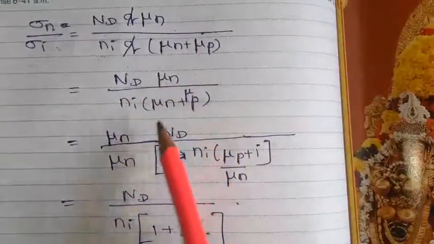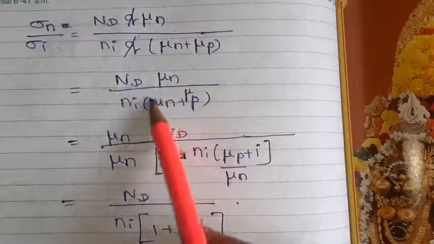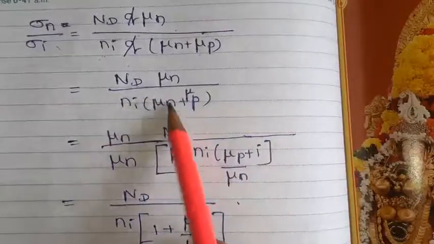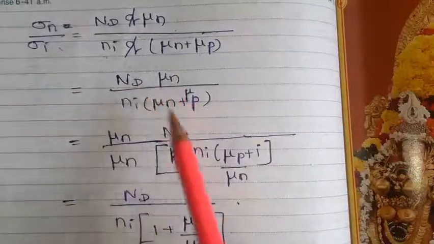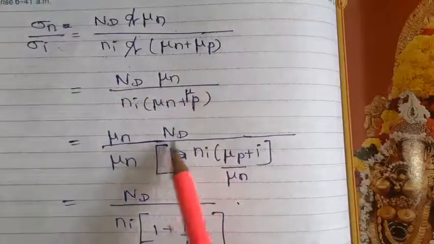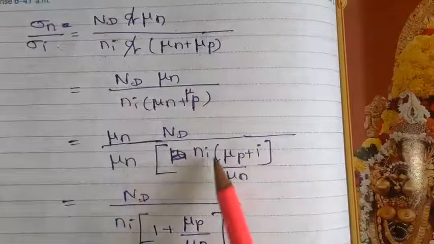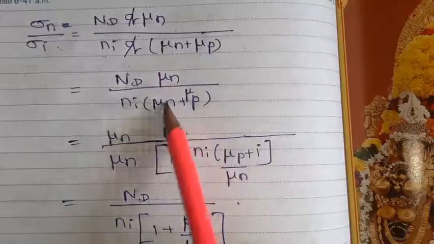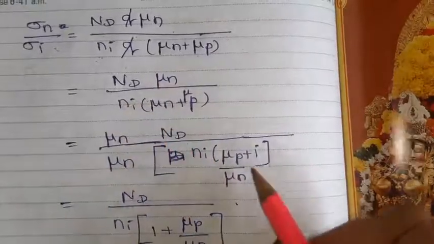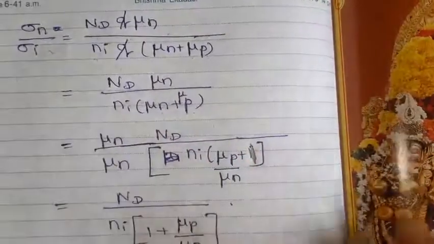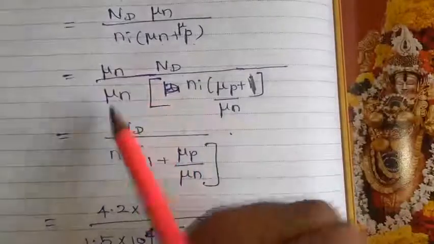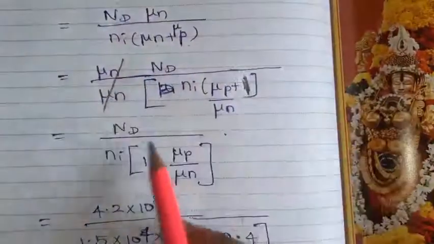From this denominator, take mu n outside. When we take mu n outside, mu n divided by mu n cancels, with Nd in the numerator divided by ni into (1 plus mu p by mu n). What is remaining?